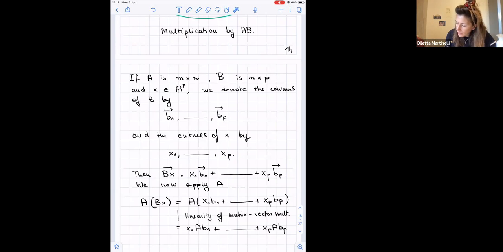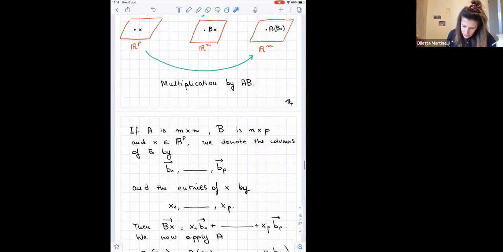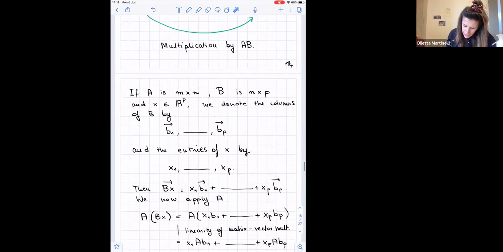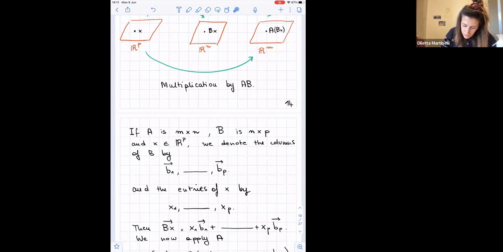So here we are applying A to Bx, which is a vector that lives here in Rn.